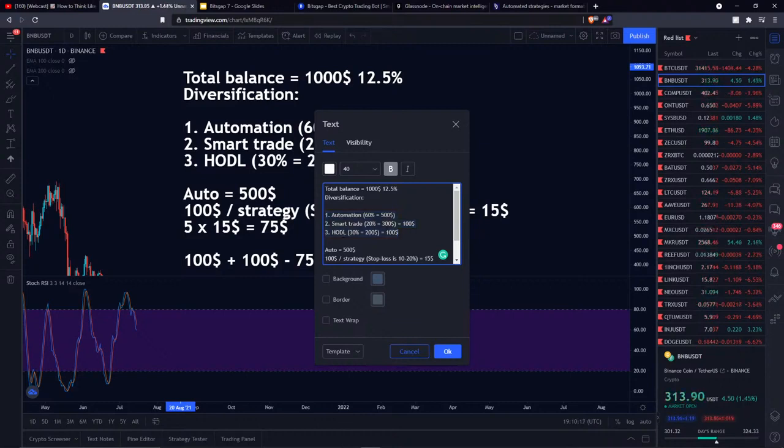So these are the things you need to take into account, because some strategies like smart trade really require you to look at the market each day, pretty much. If you cannot afford it, or you are losing too much time on that and you get irritated, then maybe completely stop trading in smart trade mode, or maybe just minimize it down to 10%, whatever.